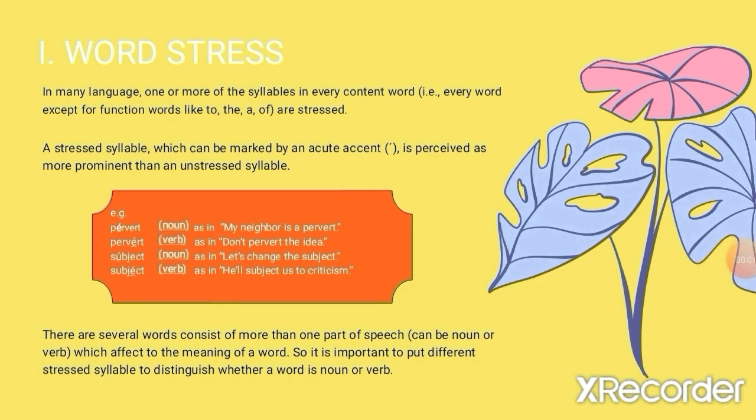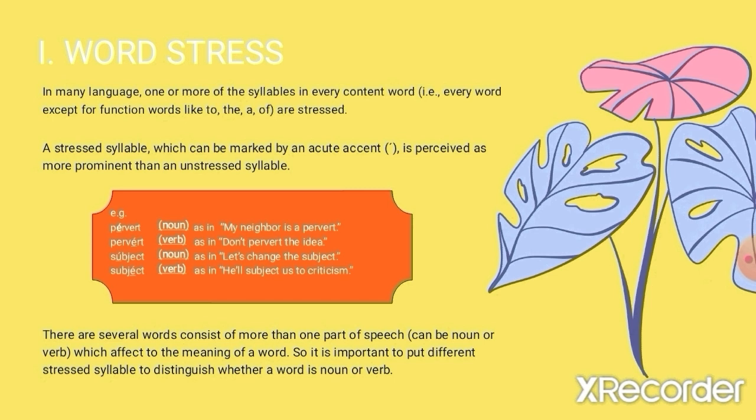In the word perfect, the stressed syllable is in the first syllable. When we put the stress on the first syllable, it indicates a noun, but if we put it on the second syllable, it usually indicates a verb.